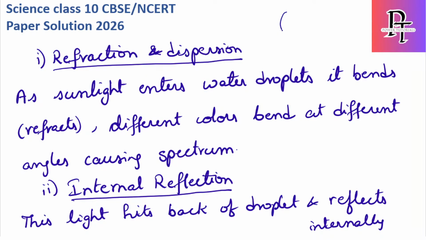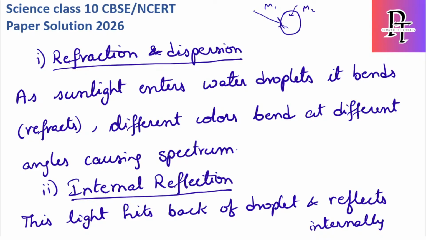You already know that a raindrop is almost spherical in shape. When sunlight falls on it, medium 1 is air and medium 2 is the water droplet. As the medium is changing, the light ray will refract, meaning it will bend. While it is bending, it has 7 colors inside it, and each color has a different wavelength.